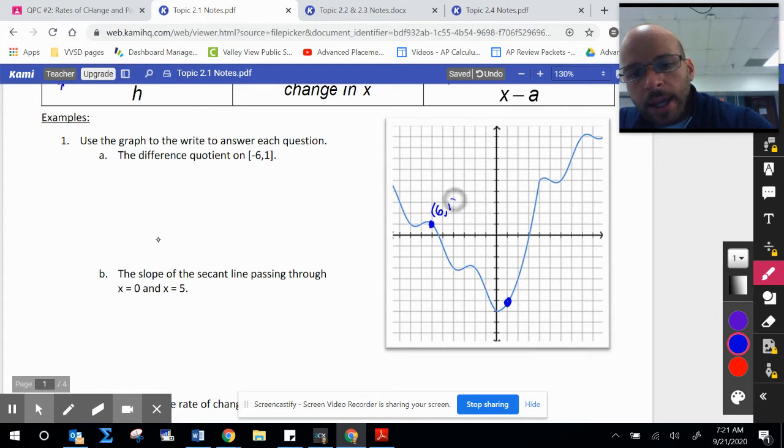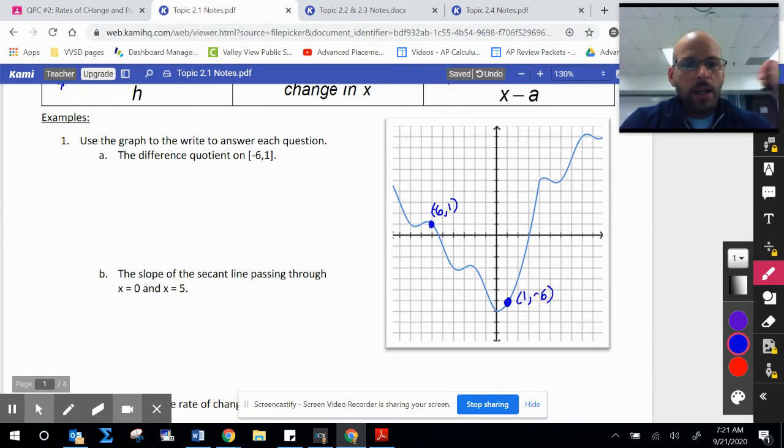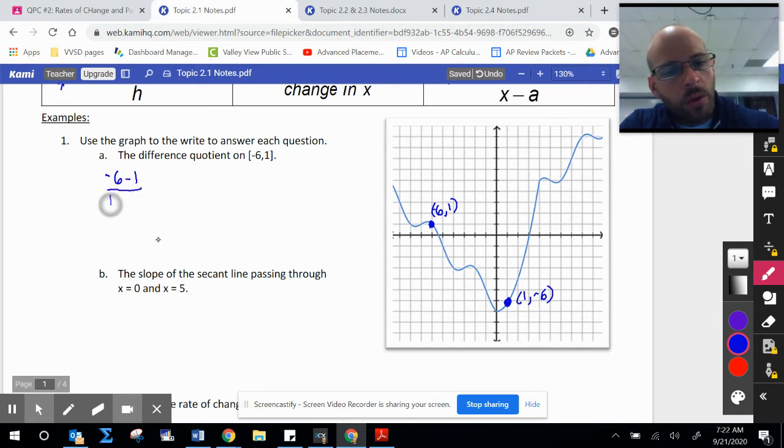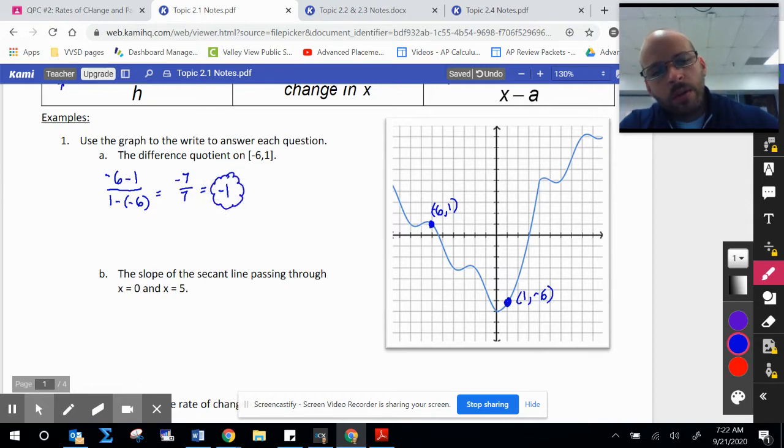This is -6 comma 1, and this would be 1 comma 1. So if I find the average rate of change between those values, I would say -6 minus 1 all over 1 minus -6, which gives me -7 over 7, or in this case, -1.